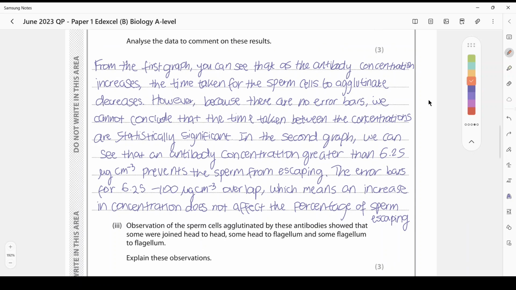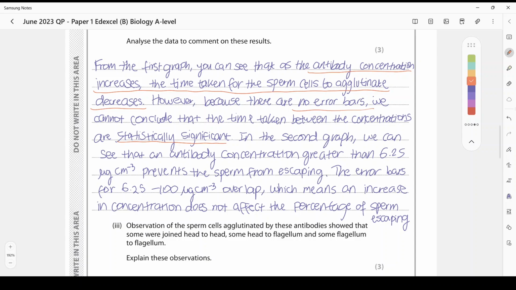Let's go through the marks. The first one is as the antibody concentration increases, the time taken for the sperm to agglutinate decreases. That's one mark. Then you can comment on the lack of error bars and how we can't conclude that the time taken is statistically significant. That's 2 marks so far.